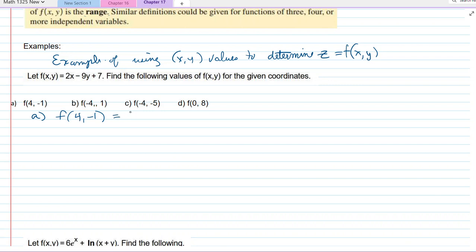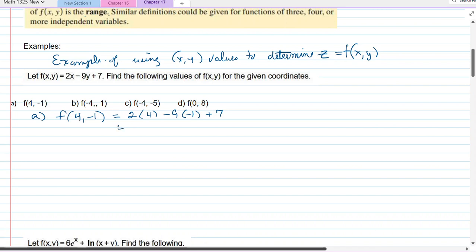So this means I'm going to have 2 times the 4 minus 9 times the negative 1 plus that 7. And then I'm going to have 8 plus 9 plus 7. Well, that gives me that f of 4 and negative 1 equals 24, doesn't it? Now you can use your calculator, but 8 and 7 is 15, and 9 makes it 24. Okay, well that's our A.